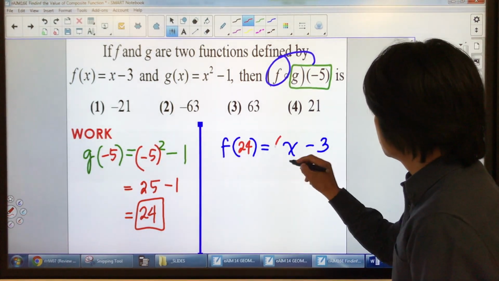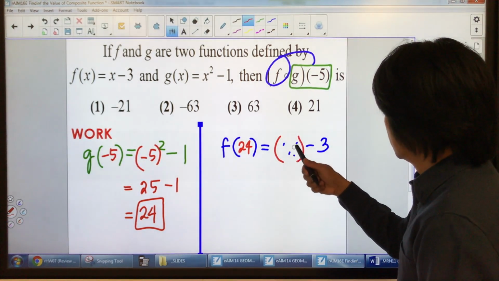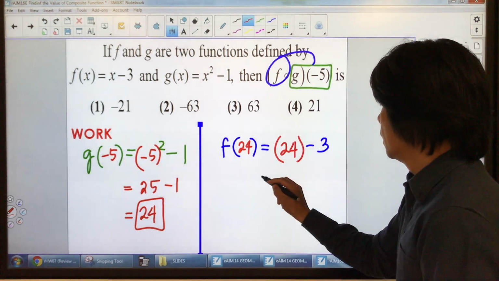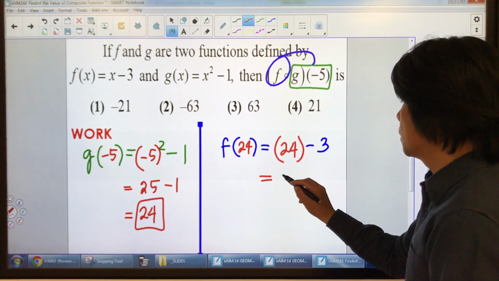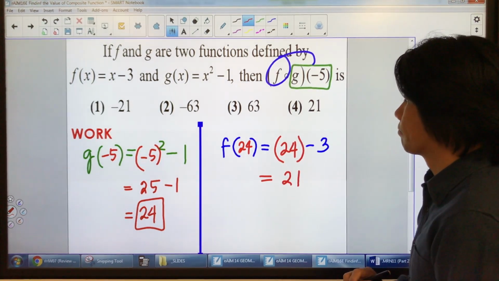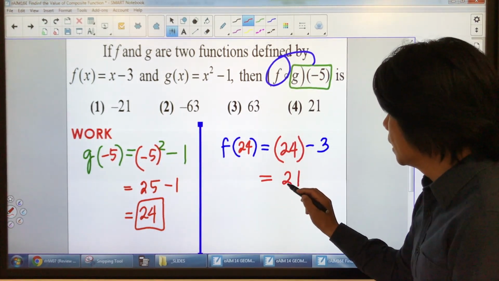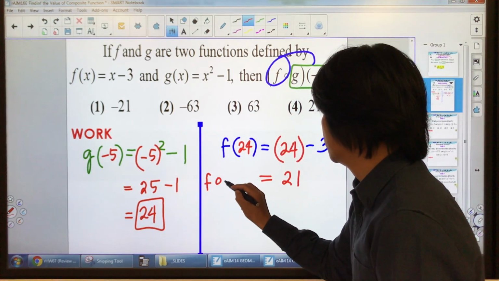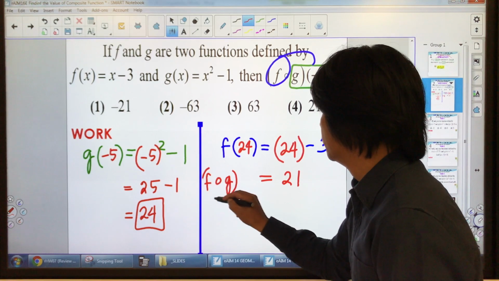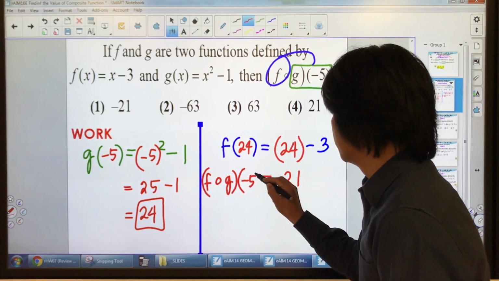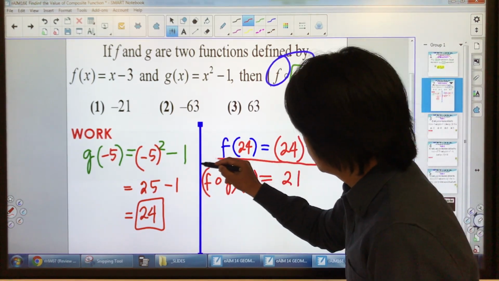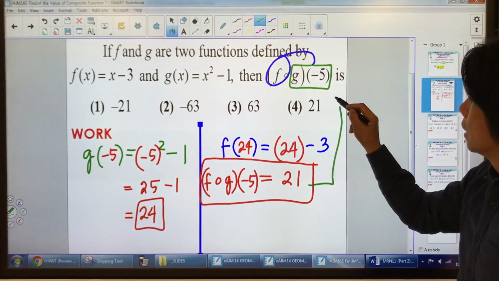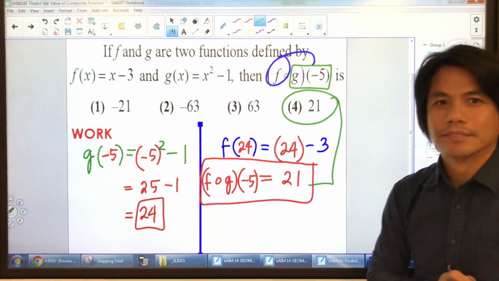This must be inside the parentheses: 24 minus 3 is 21. And this is your final answer to f circle g of negative 5. That is option 4.